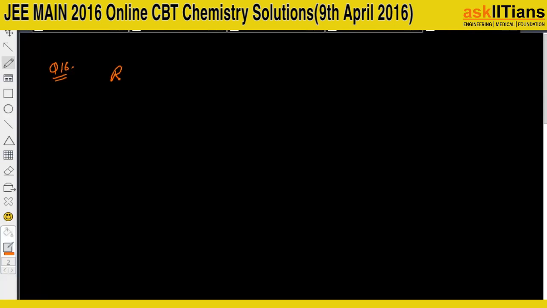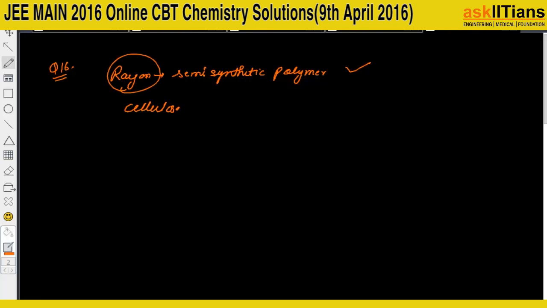So the first thing is rayon is a semi-synthetic polymer. And dear students, this is a correct statement because rayon is basically nothing but cellulose acetate.